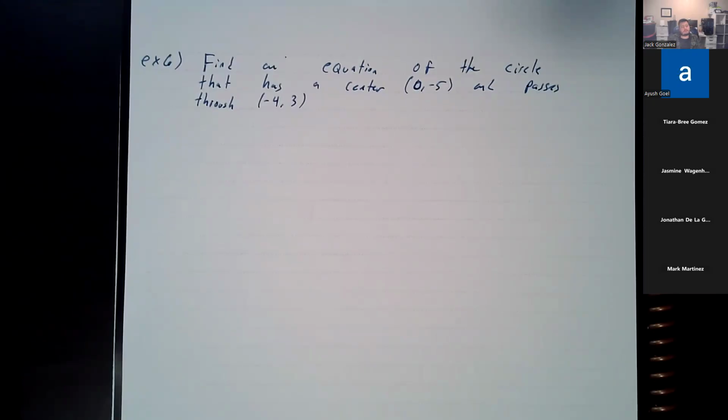So we don't have the radius. We have the center. So there's two ways to solve this. What would y'all do? Or do you have any ideas?